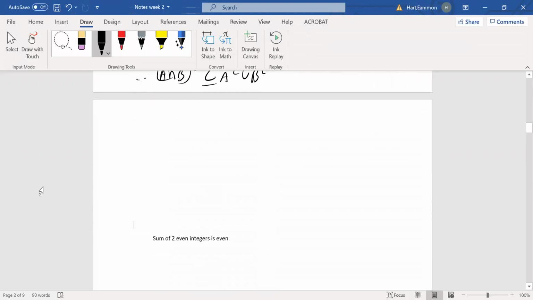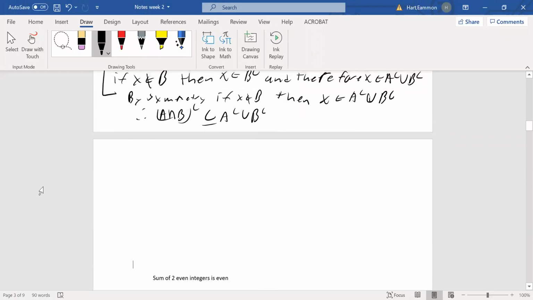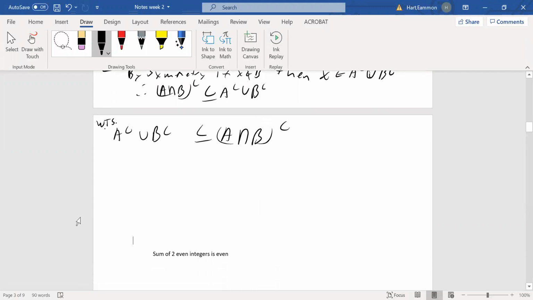Now we want to show A complement union B complement is a subset of A intersect B complement, right? So A complement union B complement.